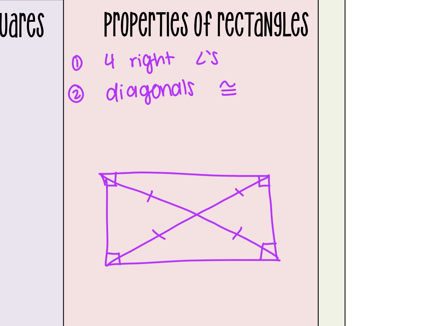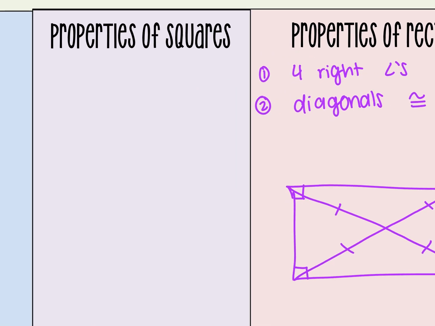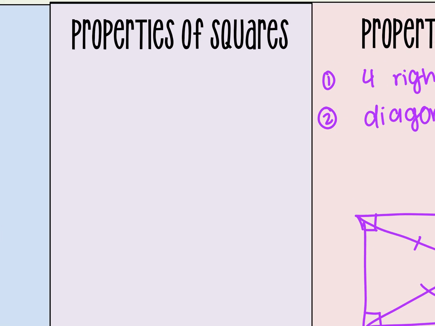All right, looking at my next one, I have my square. Looking at squares, key ones that we should know, hopefully already know, is that you have 4 congruent sides and you have 4 right angles.